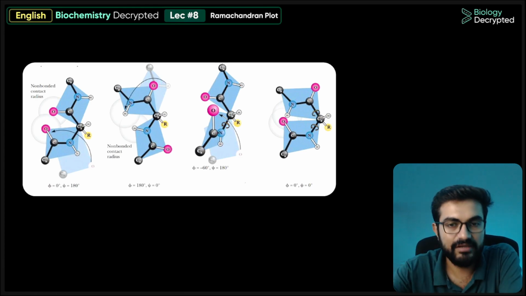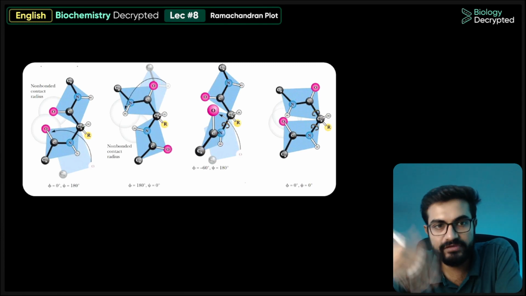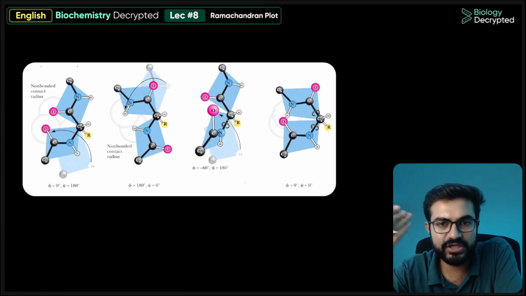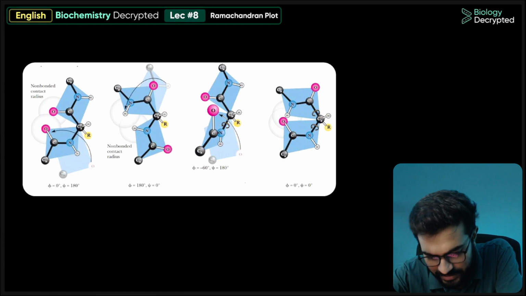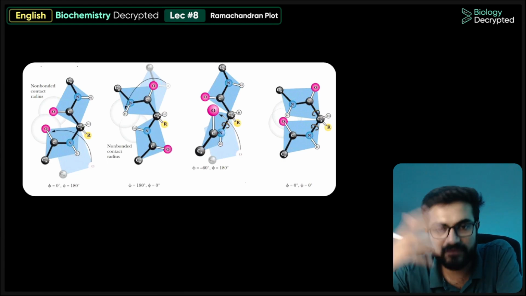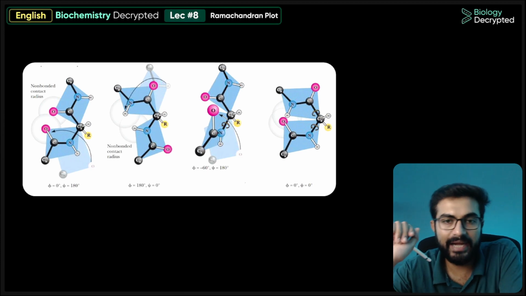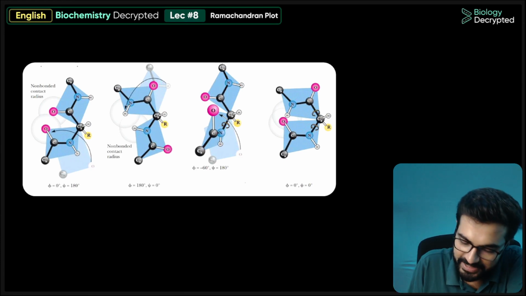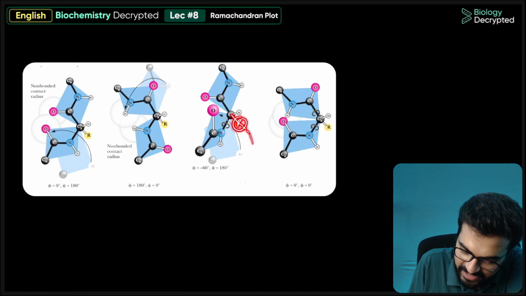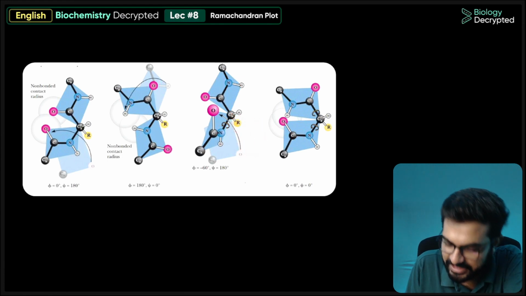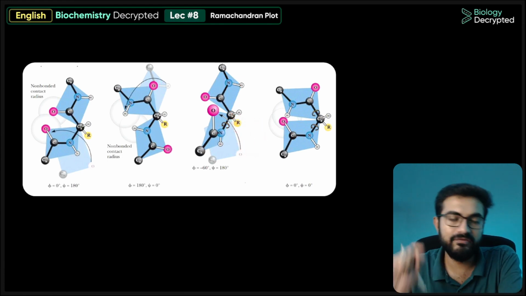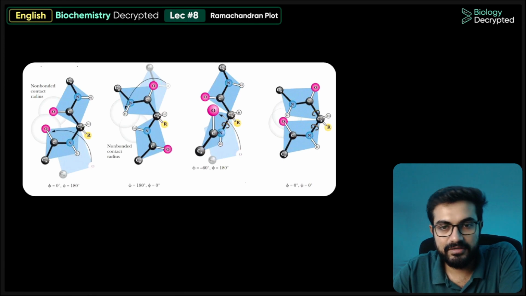Like in the case of general amino acids, if we talk about some special amino acids, we'll find that there is a variation. In the case of glycine, obviously the flexibility will be more and the rotational barrier will be less, because apart from the restricted rotation of the peptide bond, there is another factor that comes into play, and that is the presence of bulky R groups. If this R group is very bulky, this will also influence the conformations.